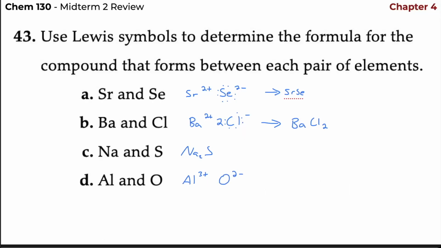Now, let's say we doubled the Als. This would be 6, and that wouldn't be balanced. Let's say we doubled the oxygen. This would be 3, and this would be 4. That wouldn't be balanced either. So the only real way to make these two balanced is we're going to double this and triple this. So Al2 and O3.